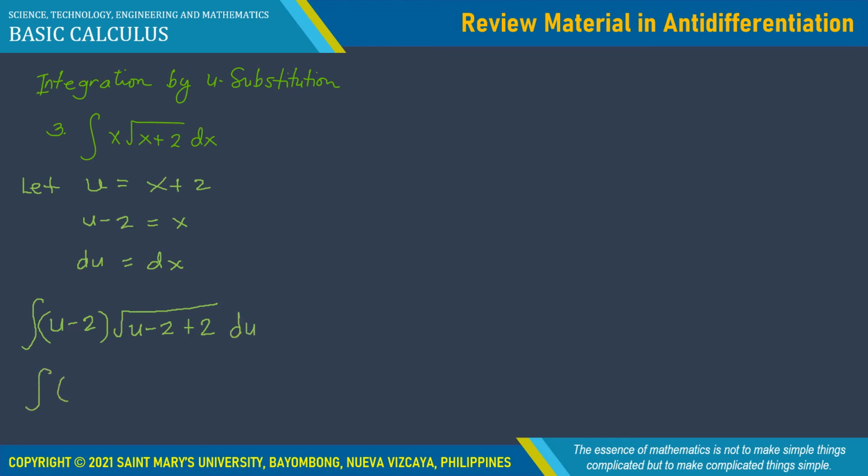So, simplify natin. So, we have u minus 2 times square root of u minus 2 plus 2. Makakancel na yung ating negative 2 and 2, because 0 yun. So, yun na lang. Then, du. Then, ito, tatransform muna natin yung square root of u to u to the 1 half.